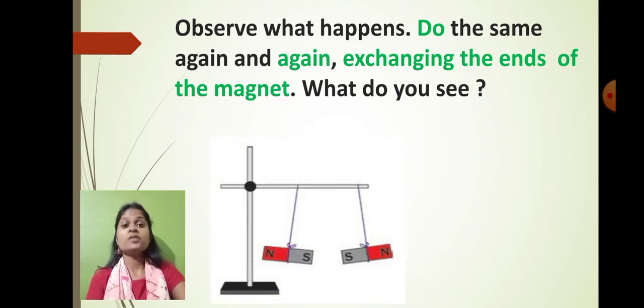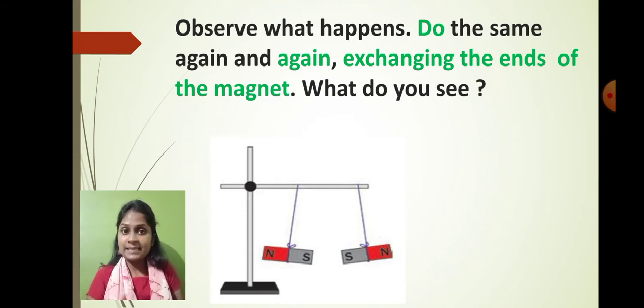When you take the magnets towards each other, you will notice that the like poles, this is the south pole and this is the south pole, do not attract each other. If you bring the same pole towards each other, they move apart.